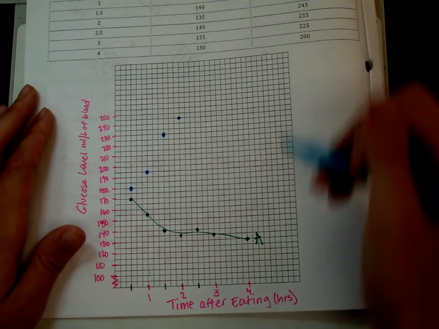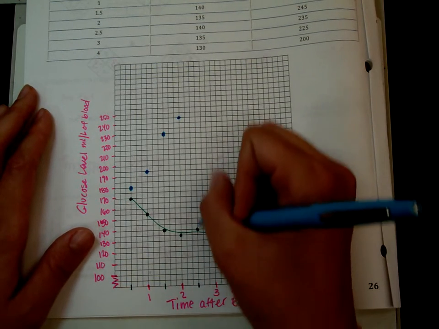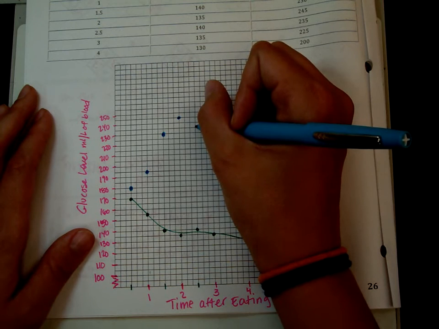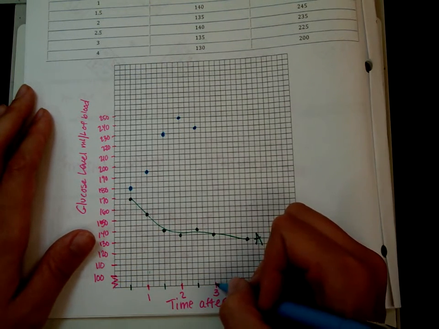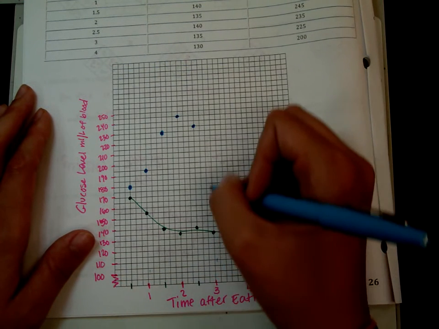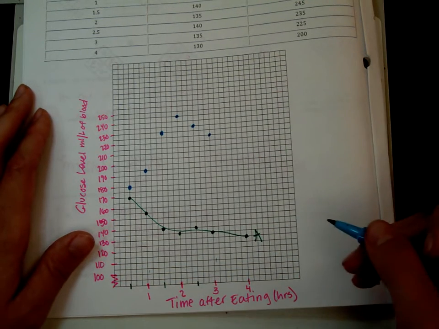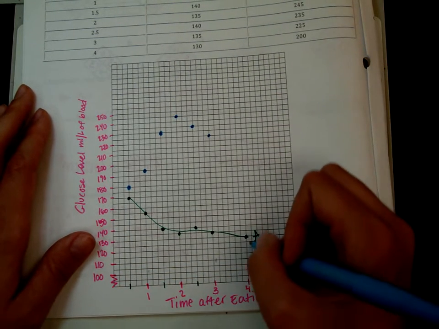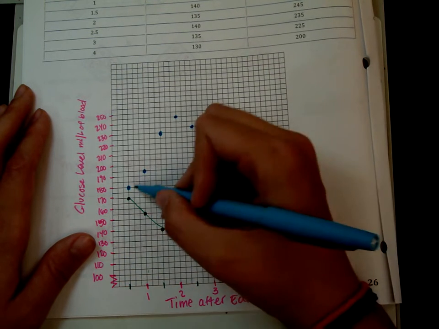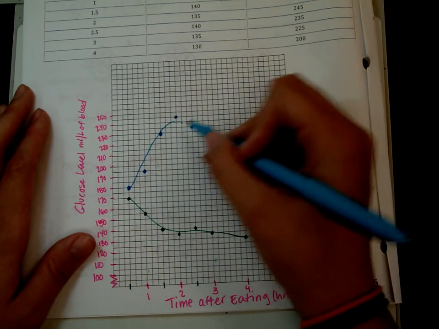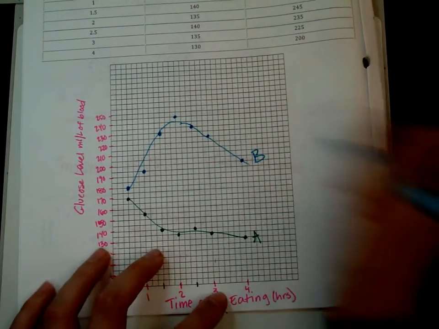At 2.5 hours, it's 235. At 3 hours, it's 225. And at 4 hours, it's 200. So theirs is kind of going up and coming down like that. This is person B.